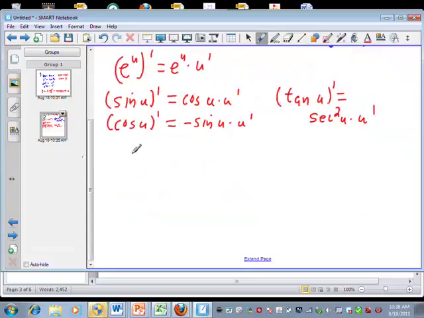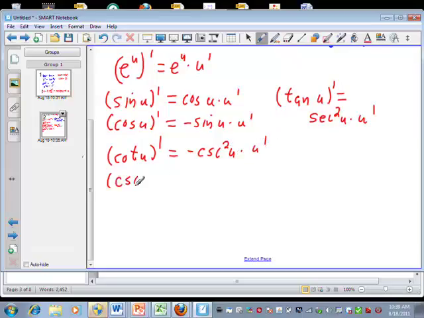The derivative of tangent is secant squared. The derivative of cotangent is negative cosecant squared. That sounds like someone who just had this over the summer. The derivative of, what am I missing? Cosecant.